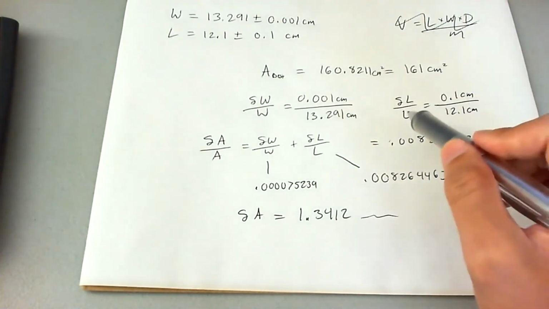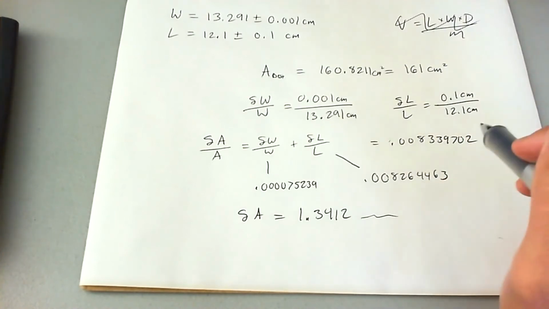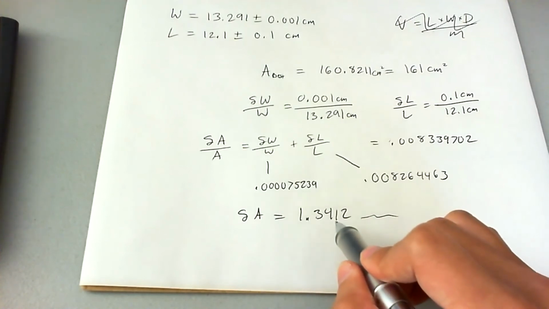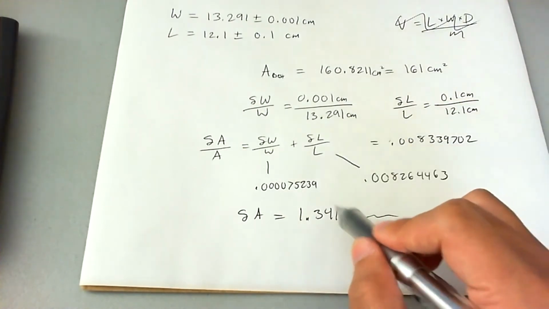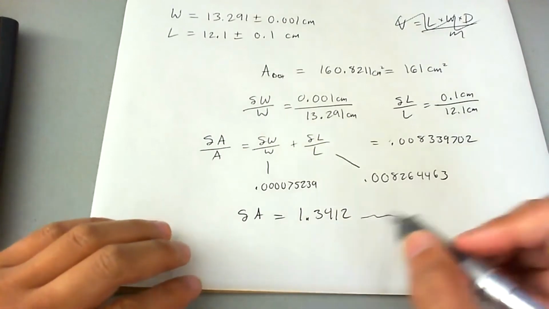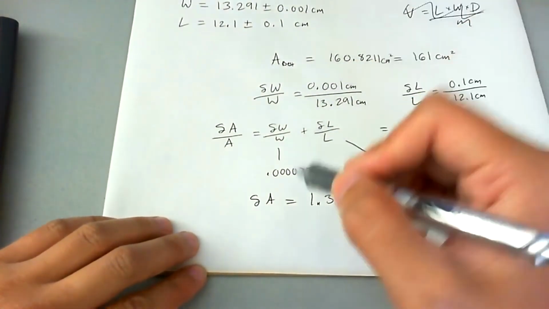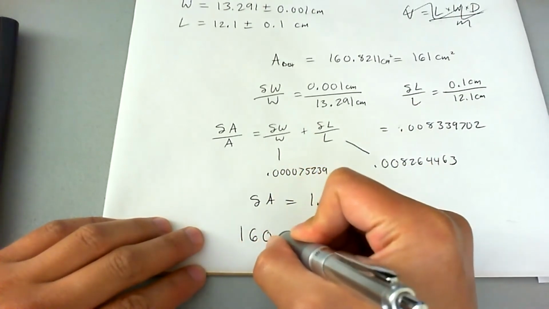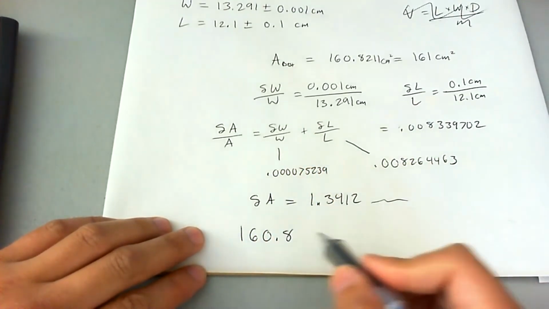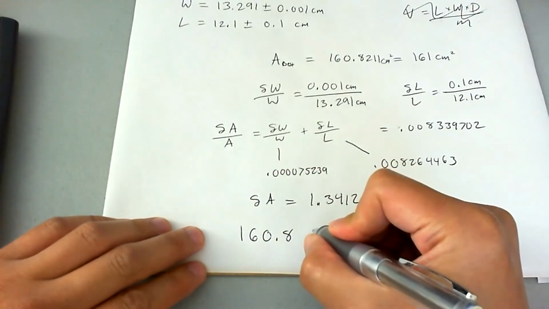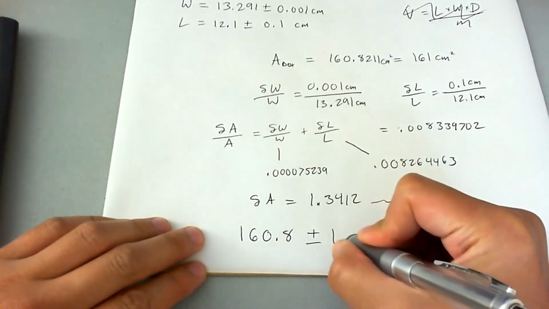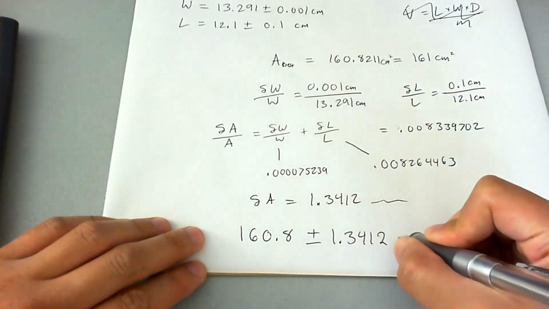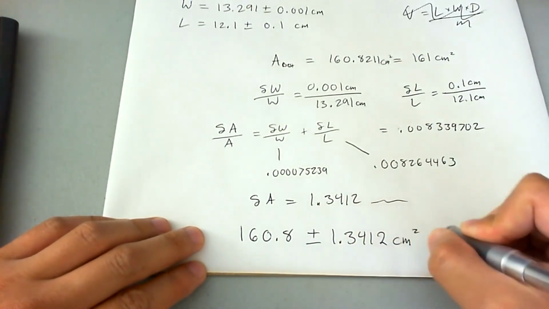So we're going to skip that because it's not necessary for this class. You can write a number of sig figs that you find reasonable. So for the final answer and the uncertainty, we have 160.8, let's just say that's a reasonable amount of significant figures, plus or minus 1.3412. And the unit is centimeters squared.